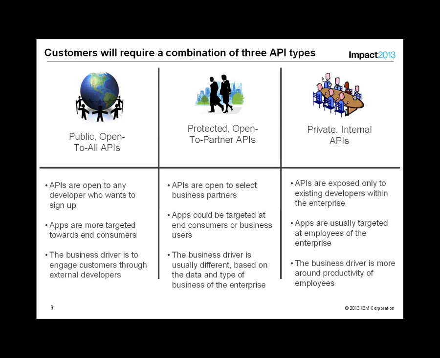So if you look at the different kinds of API types, right? You probably would start as an organization. You probably want to open up an API and consume it only internally. You could be a very large organization that has many applications and application development teams working for different lines of business.